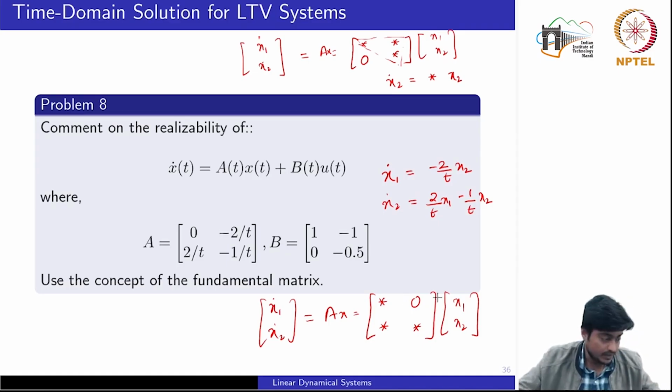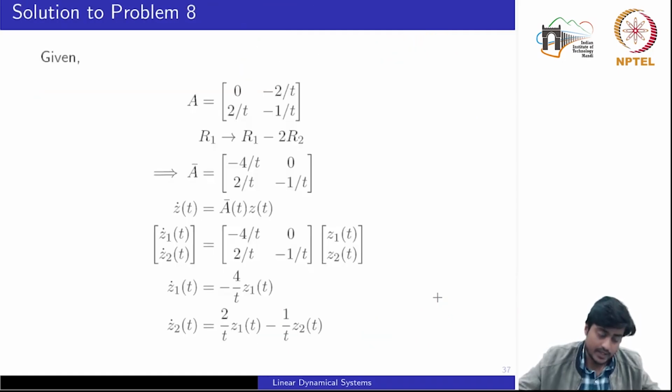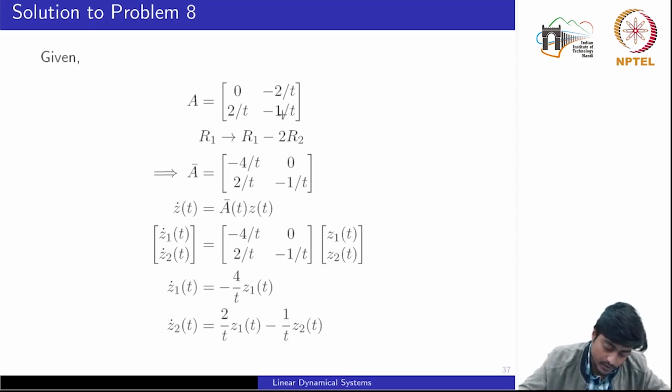Okay, so first we'll convert that A matrix into the form so that we can compute the fundamental solution. By doing this row operation onto this A matrix, we obtain this A bar matrix, which is in that perfect form by using which we can compute the fundamental matrix and finally the state transition matrix.